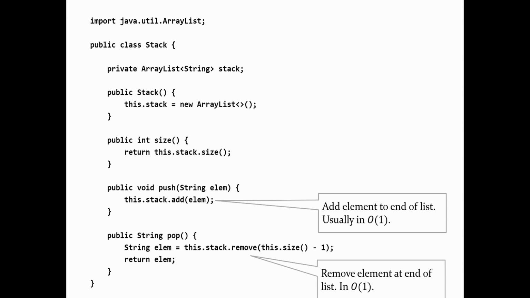So it has to make a new array, copy all of the existing elements into the new array, and then add the element to the new array. Making a new array and copying the elements from the old array into the new array, that's O(n). So every once in a while, that push operation requires O(n) time, but most of the time it's O(1).